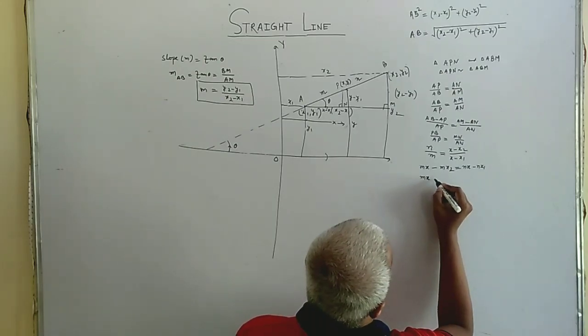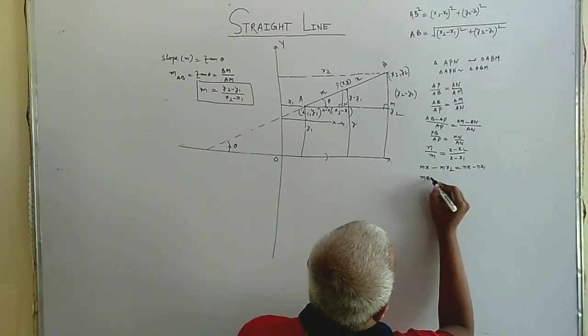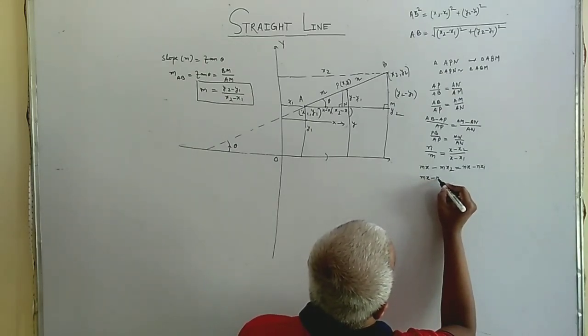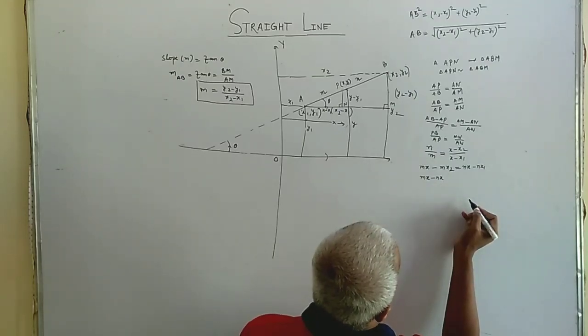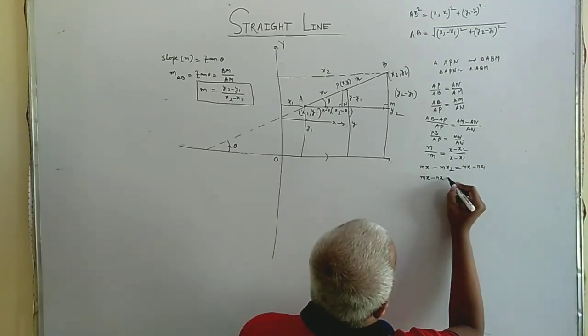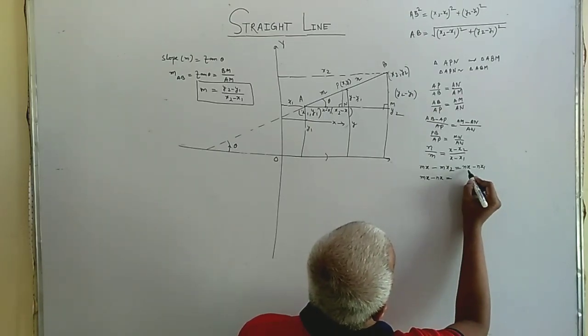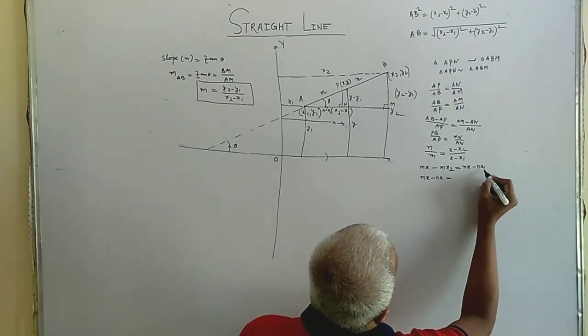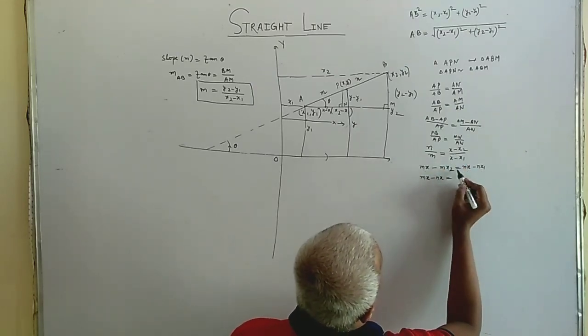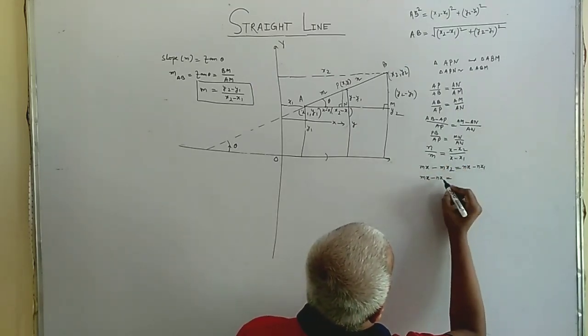So mx minus nx is equal to mx2 minus nx1.